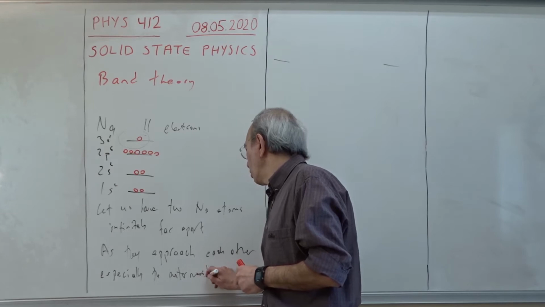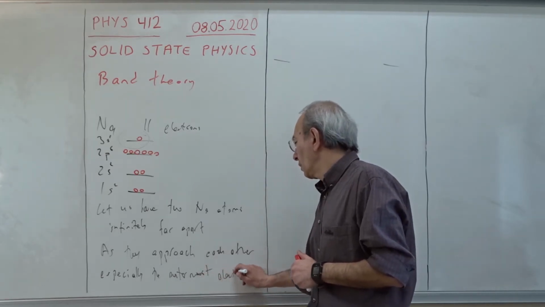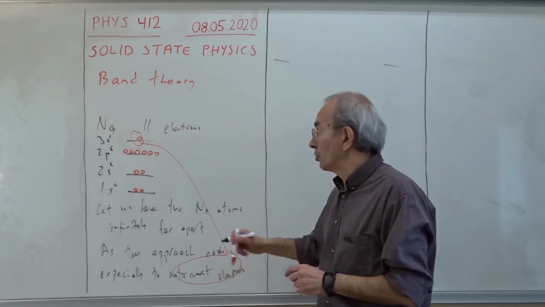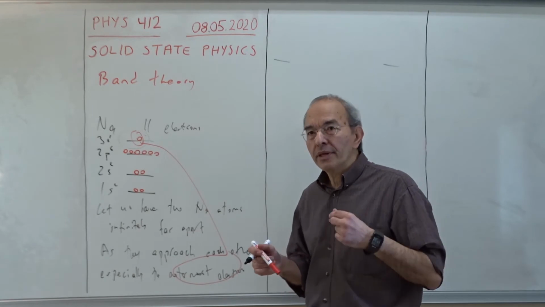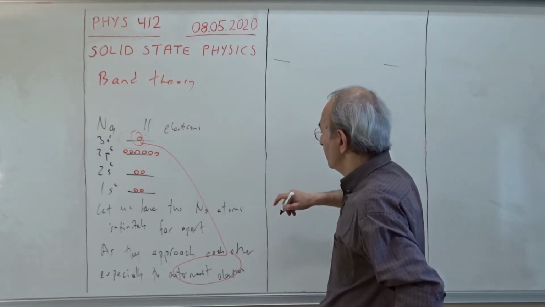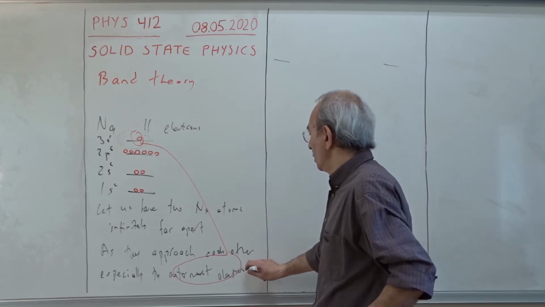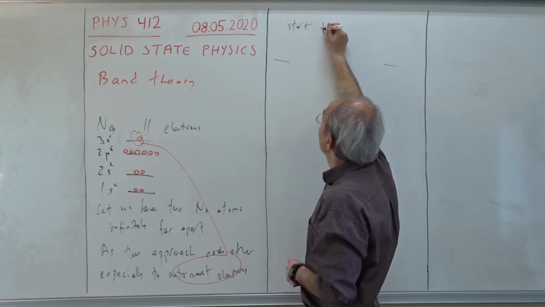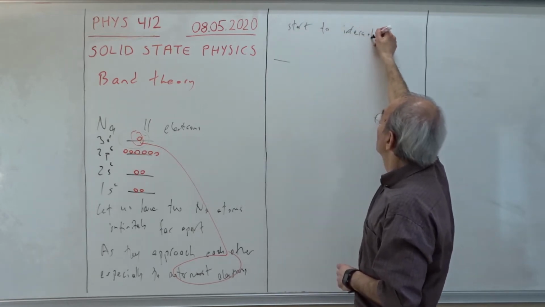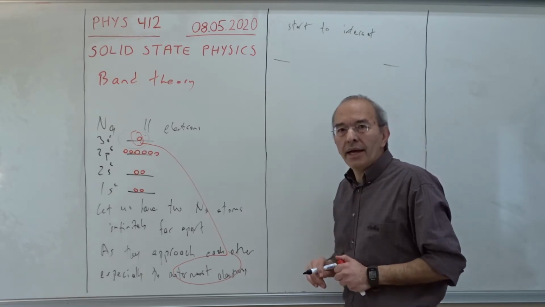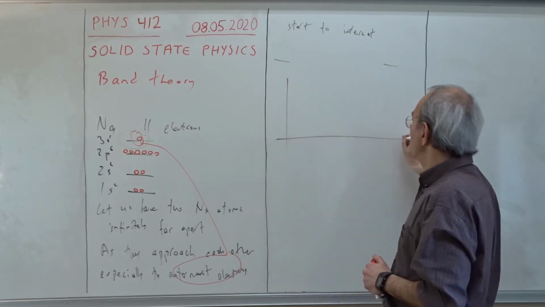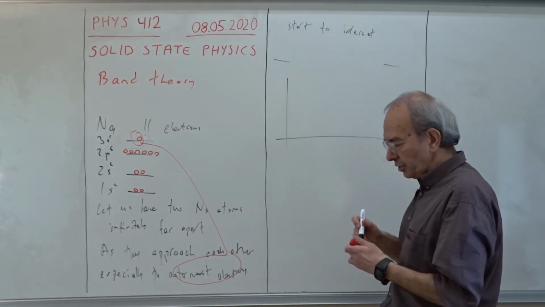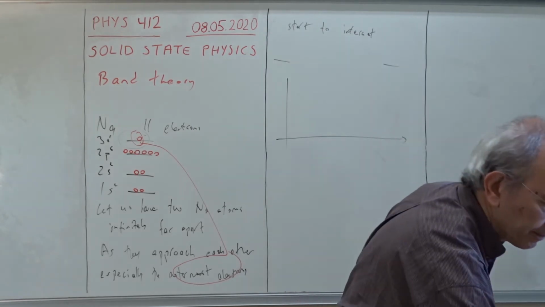The outermost electrons of each one start to affect each other. And let me draw a certain plot for this case. Let me call this one separation, so the distance between them.